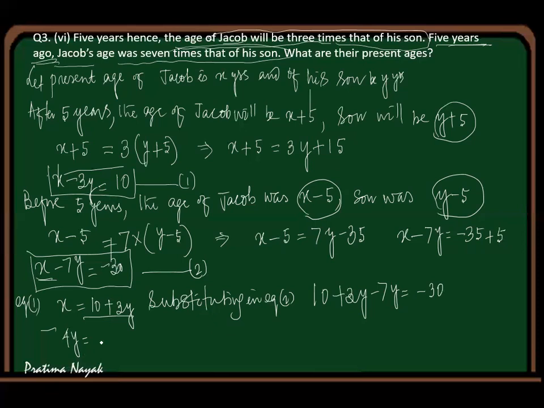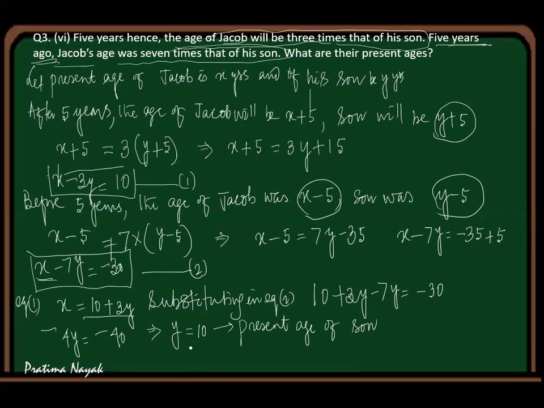Then how much I'll get? Minus 4y is equal to minus 40, or y is equal to 10. After getting y is equal to 10, that is the present age of the son. Next I'll go for x.